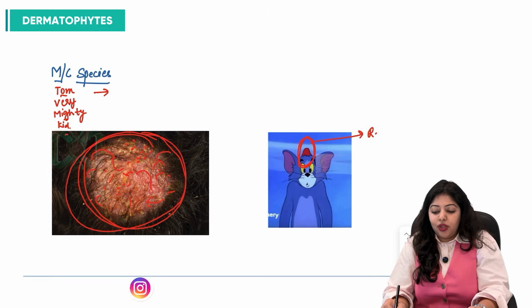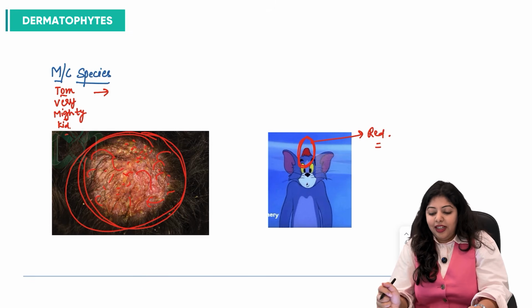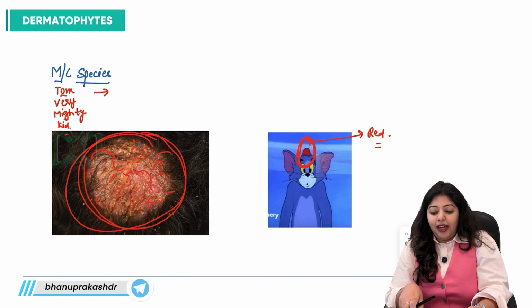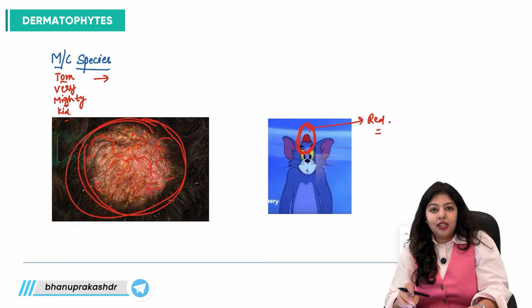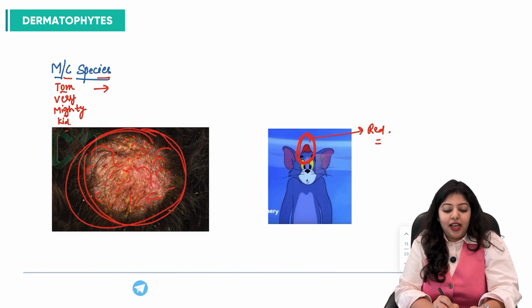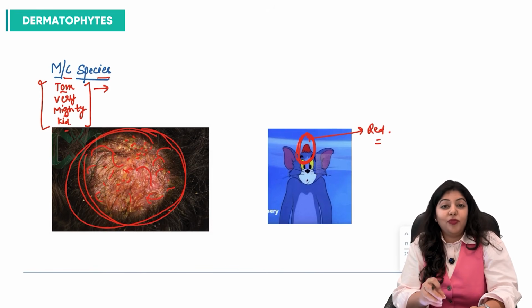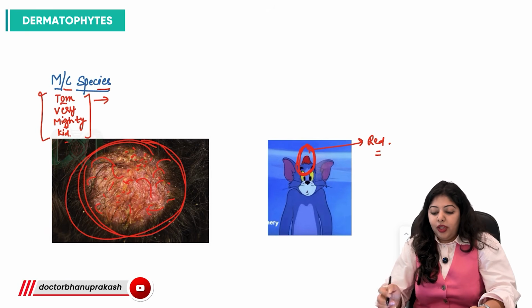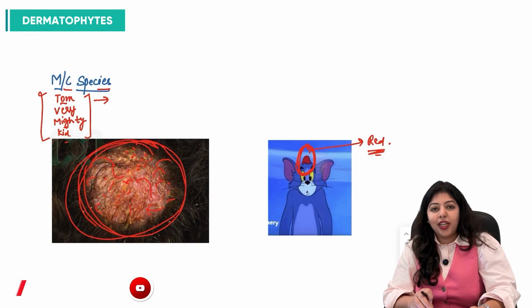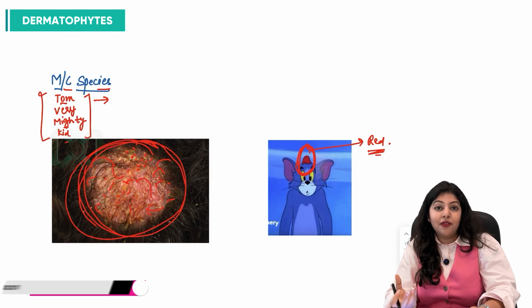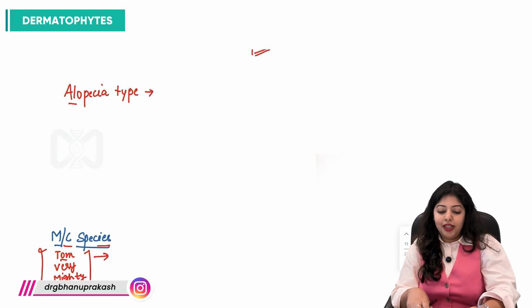Red swellings which would appear after getting hit. So this is the inflammation, somewhat elevated. Jerry and Tom were both mischievous, right? So for the species I have a mnemonic derived from this cartoon, that Tom is a very mighty kid. With this kind of lesion, we must remember Kerion is this kind of inflammation. Not exact inflammation, but it somewhat gives this picture: an elevated, well circumscribed inflammatory lesion, right?